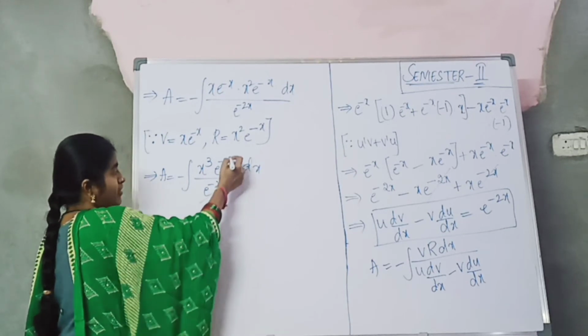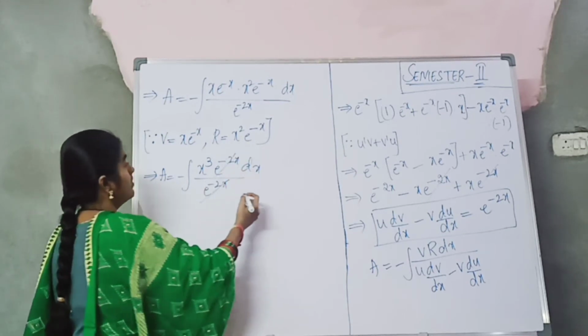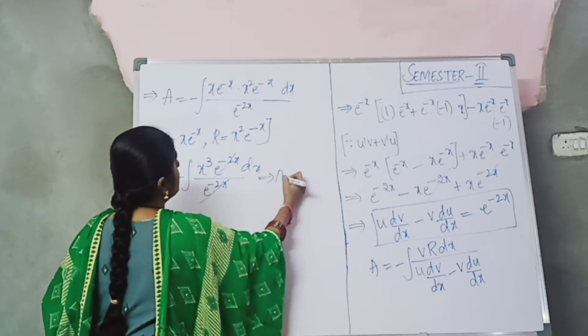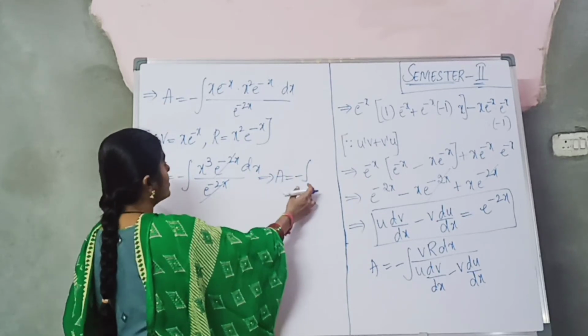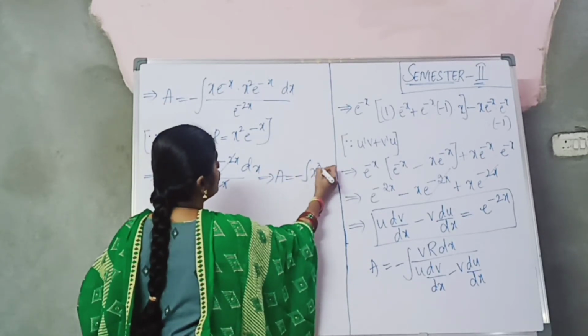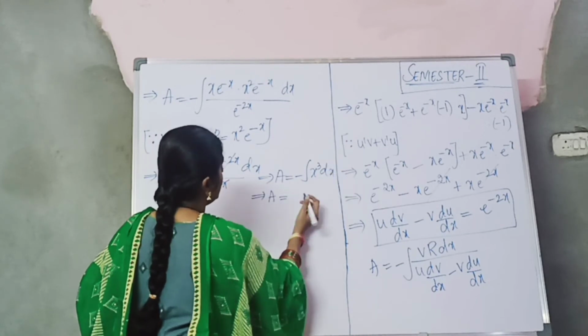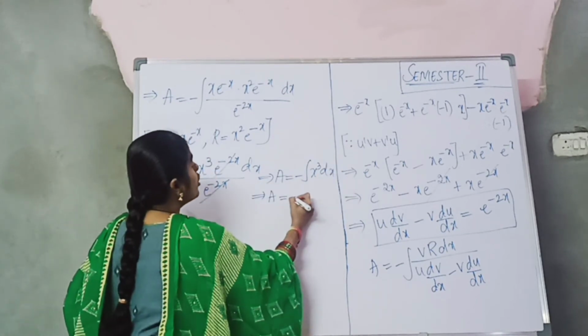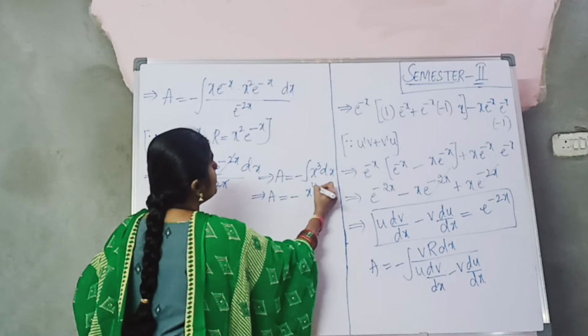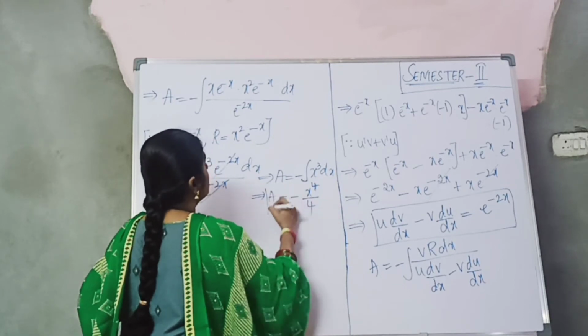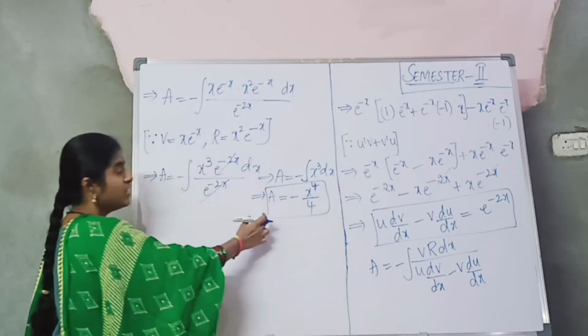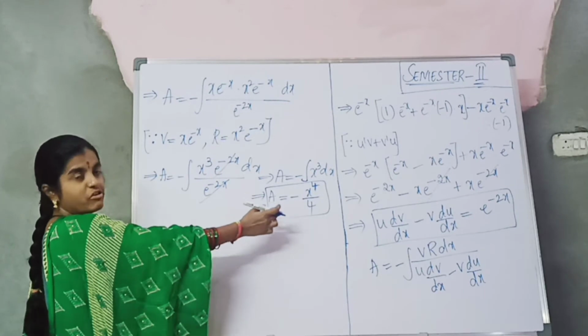Both e power minus 2x cancel. So a equals minus integral of x cube dx, and the integral of x cube is x power 4 by 4. So a equals minus x power 4 by 4.